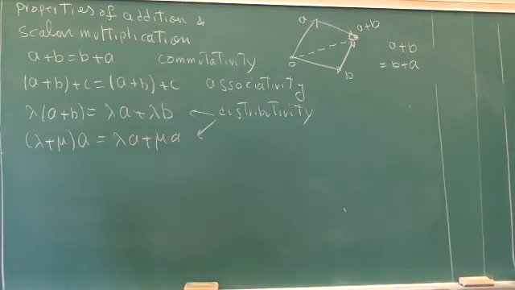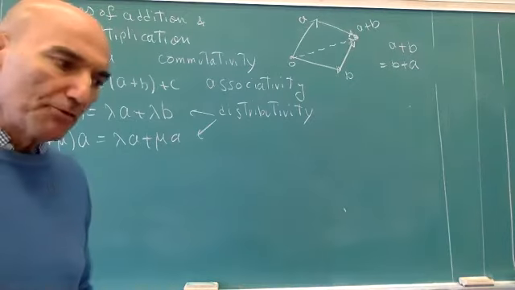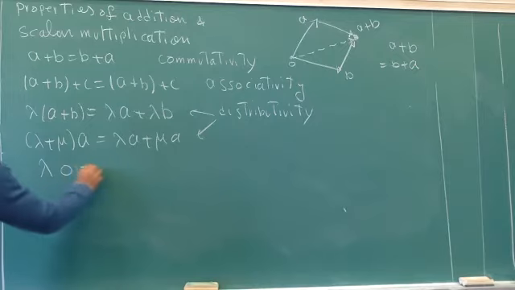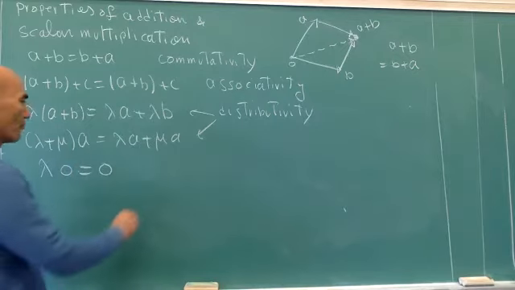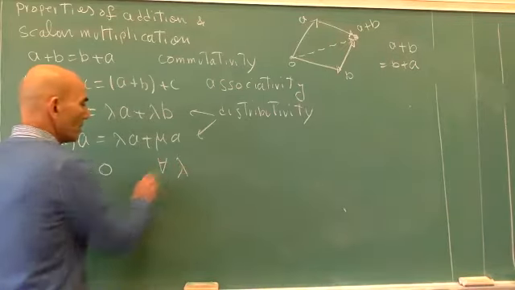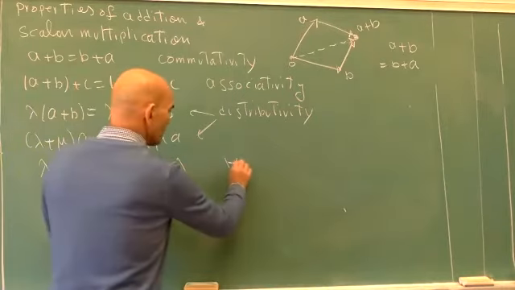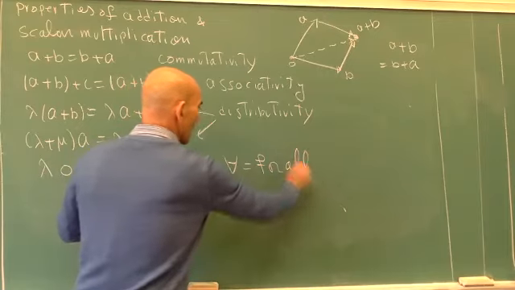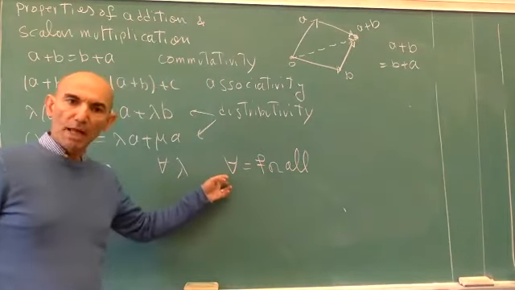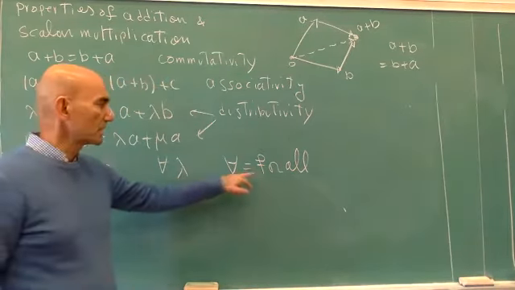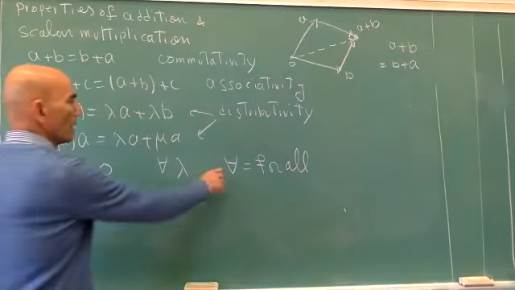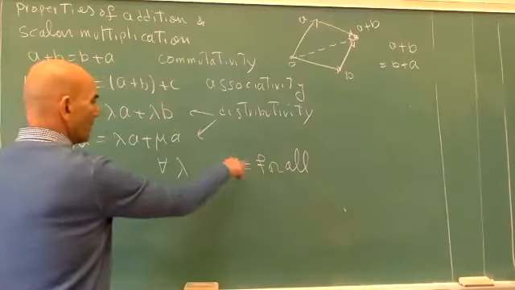There is one crucial property: if you multiply lambda by the zero vector, you get zero for all lambda. My notation means for all. I hope it's okay I use this, because that saves me some extra writing. The inverted A means for all.